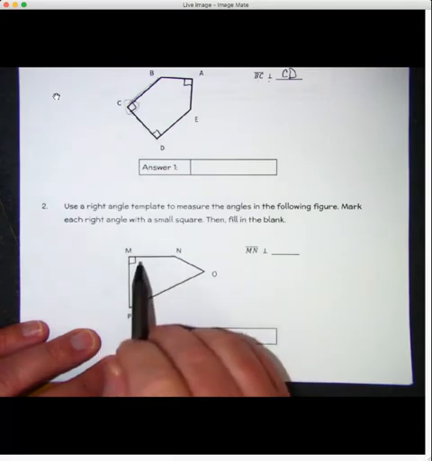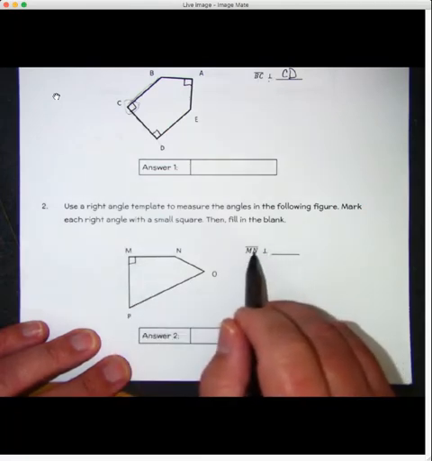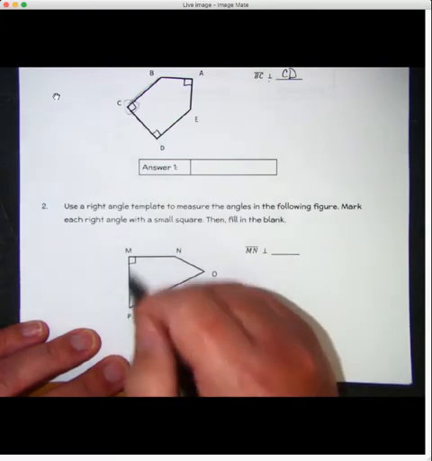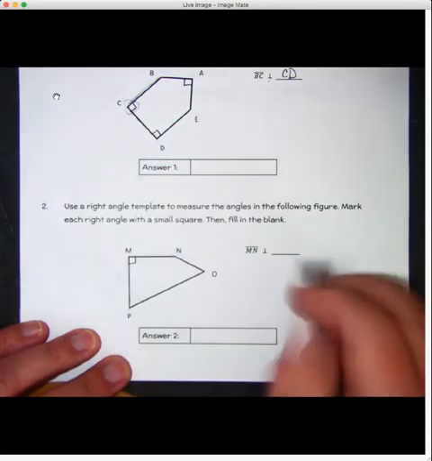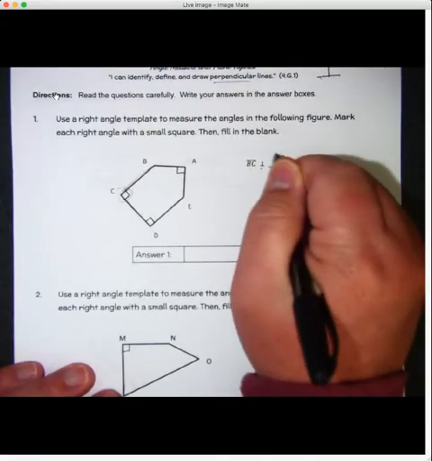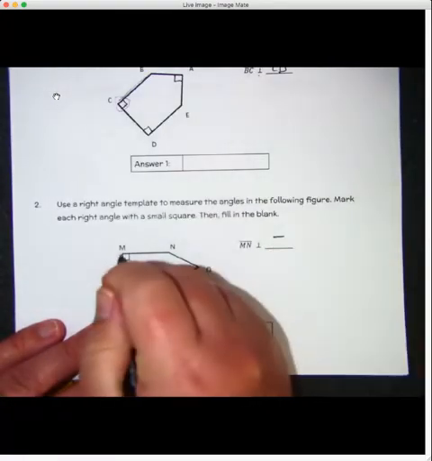And now we've got to find the other line segment that makes the right angle, that MN is perpendicular with. So we've got to find this one right here. It's line segment. Oh, and I didn't put that. Notice I didn't put my line segment above CD. Sorry about that. Should have done that. MN is perpendicular to line segment MP.